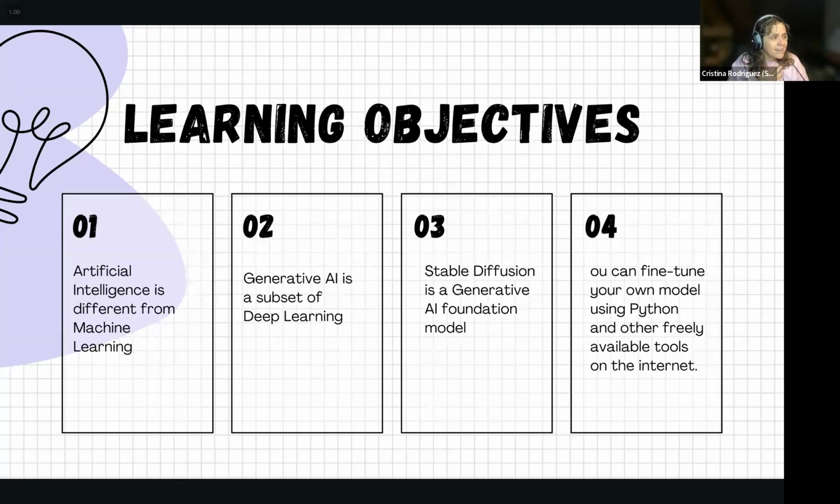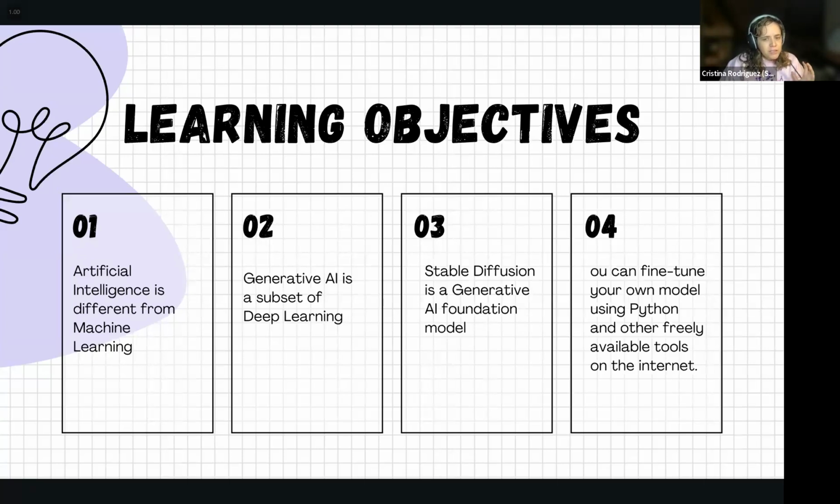As an educator, I would like to tell people, please stop doing that because it's only confusing the field. Understanding where generative AI came from as a subset of deep learning, and understanding the difference between deep learning, machine learning, and generative AI.